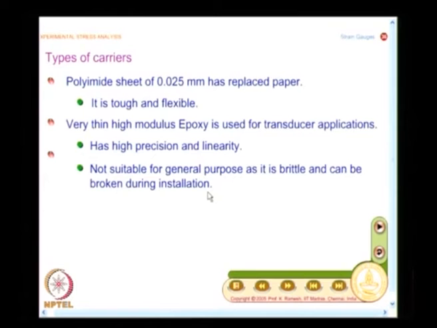See, for a general purpose strain gauge, you use a 3 millimeter gauge length, advance or constantan alloy with a polyamide backing. This is the most general strain gauge available for a variety of common applications, and polyamide being a plastic, it is easy to handle.